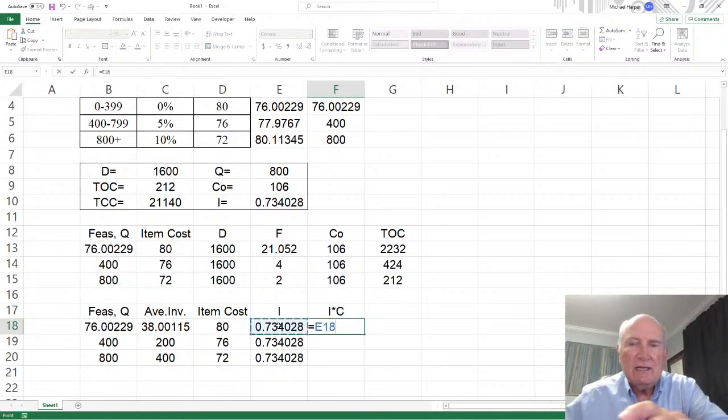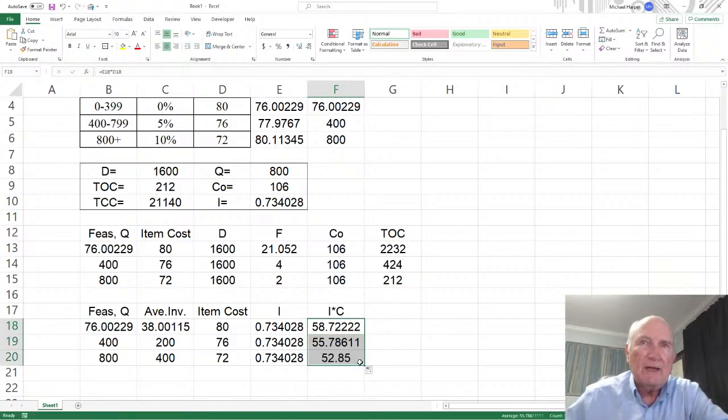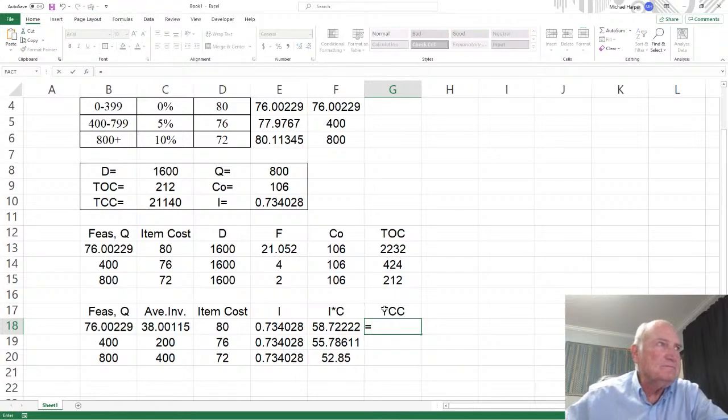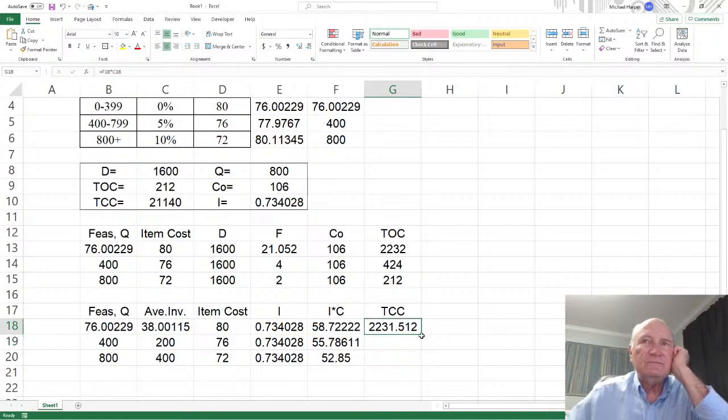There's a C right there. So this is going to be the cost per item. Okay, and then finally, the total carrying cost is the cost per item times your average inventory. There it is. Then copy this down. And let's bring these down to dollars. There you go.